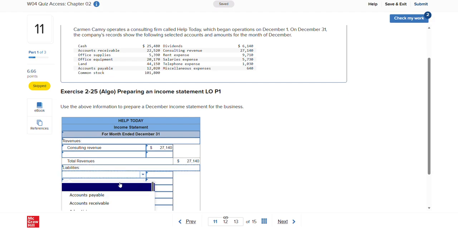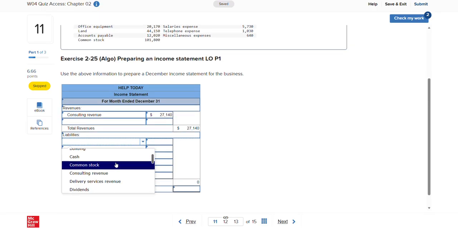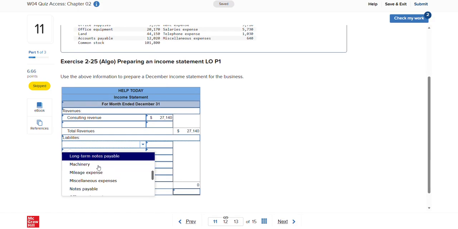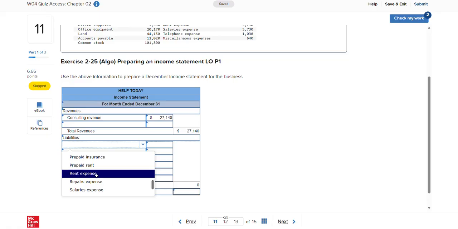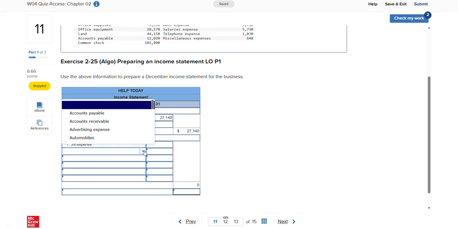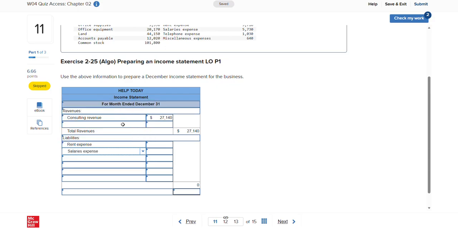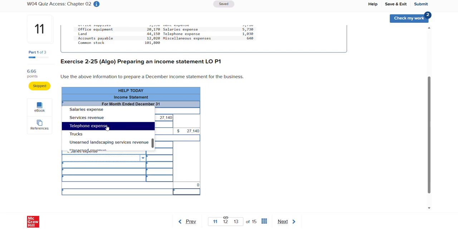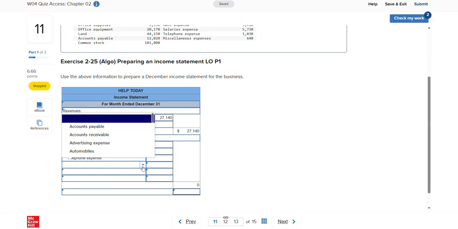So you just go down the list of what all of those expenses were. First was the rent expense, followed by salaries expense, telephone expense, and the miscellaneous expense.